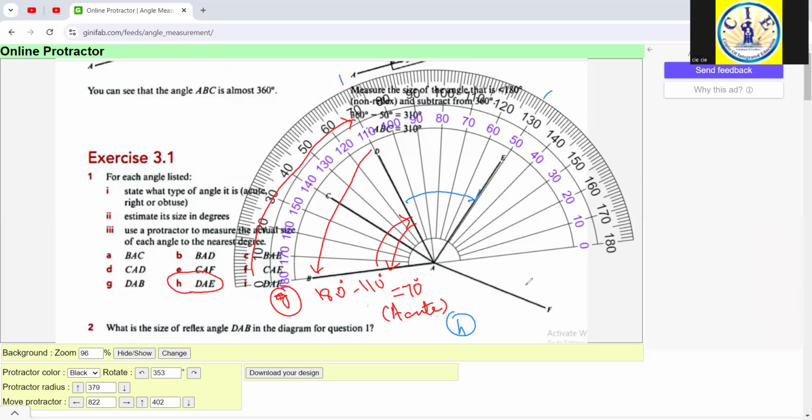So it is 130 minus 70, that is 60 degrees, and that's why it is an acute angle.